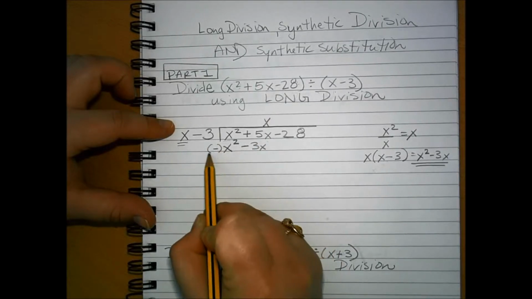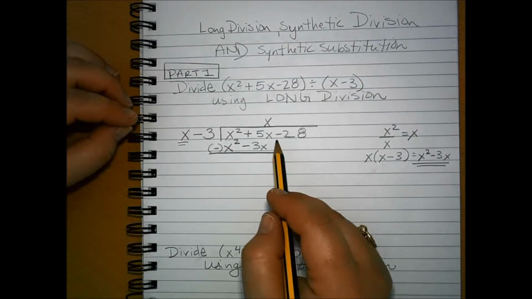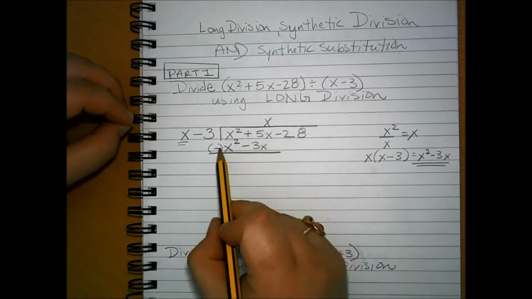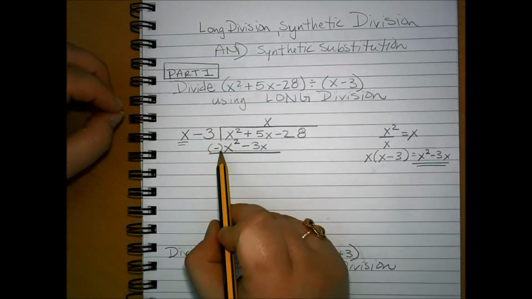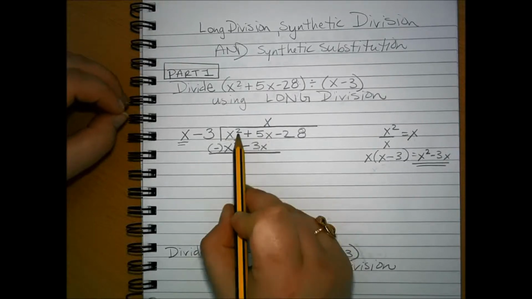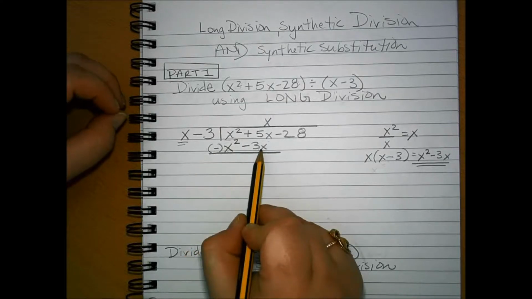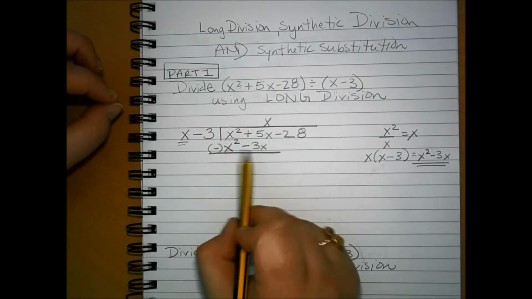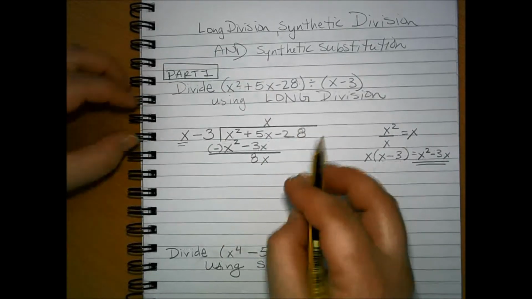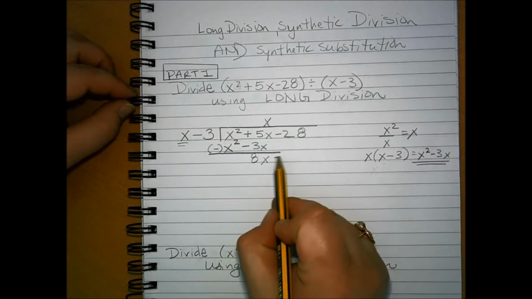And I'm going to subtract that in order to find the next term. When I have this subtraction, I want to subtract both terms. So I do x squared minus x squared, and 5x minus negative 3x. 5x minus negative 3x becomes a positive 8x. It's like I'm adding them. I'm not going to change any signs because that just gets way too messy.